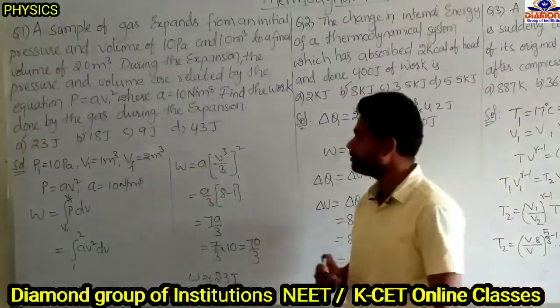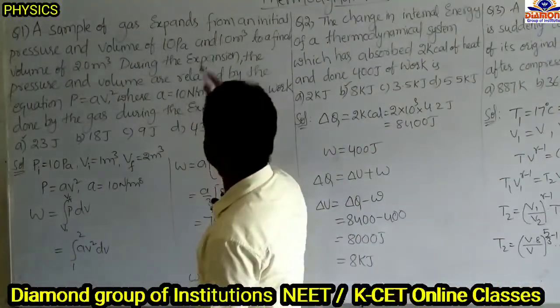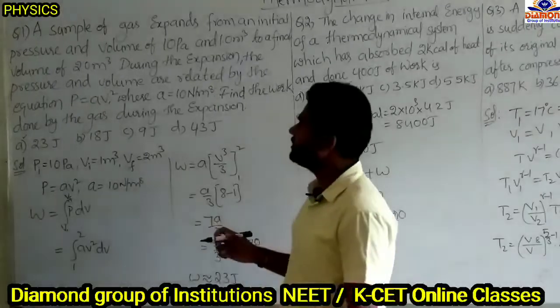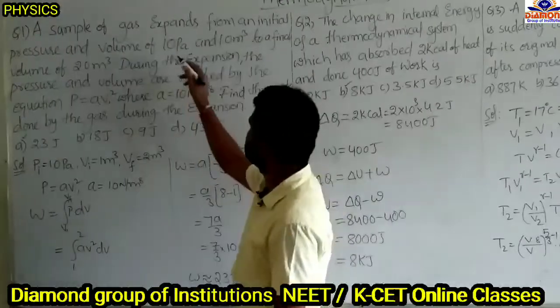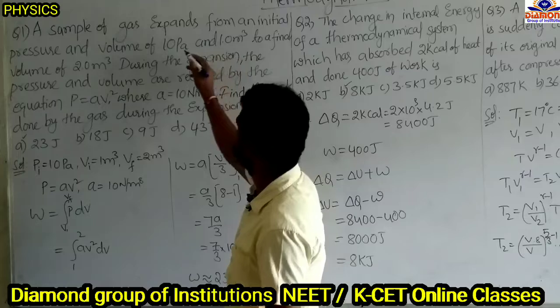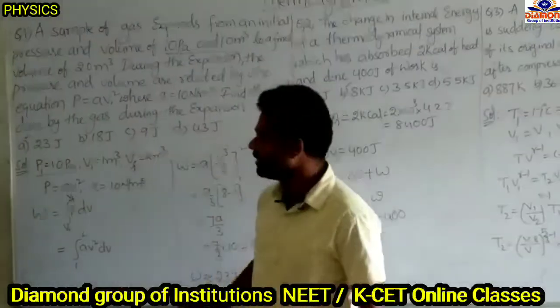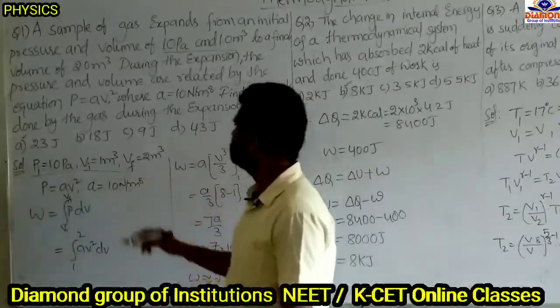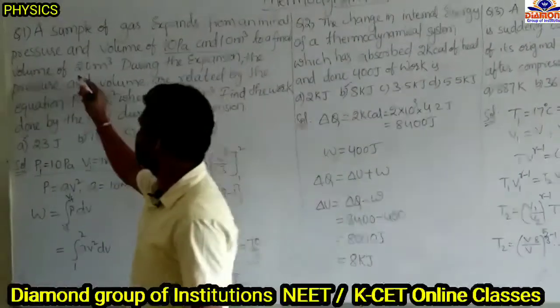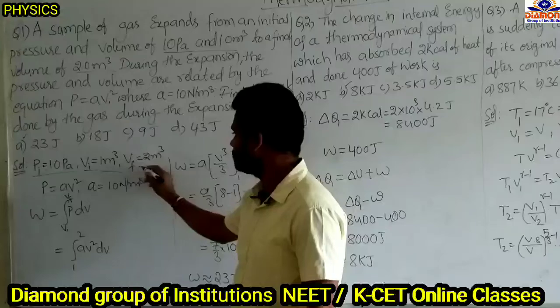Now see the first question. A sample of gas expands from an initial pressure and volume of 10 Pascal and 1.0 meter cube to a final volume of 2 meter cube.